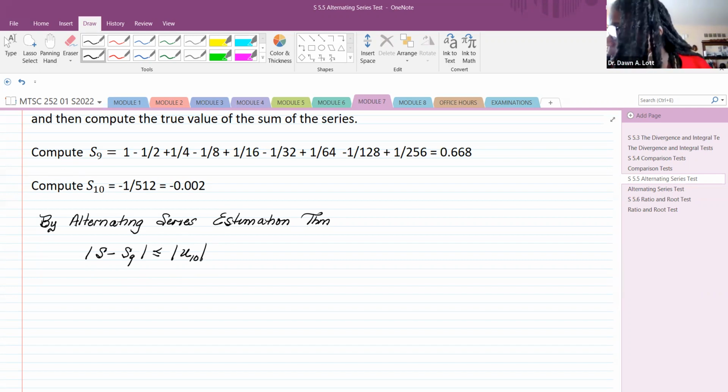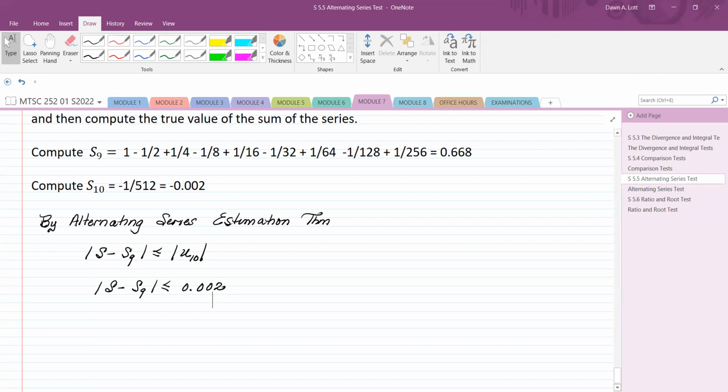So that gives for us the absolute value of S minus S9 is less than or equal to, well, S10 is negative 0.002, so this is going to be an absolute value, 0.002.